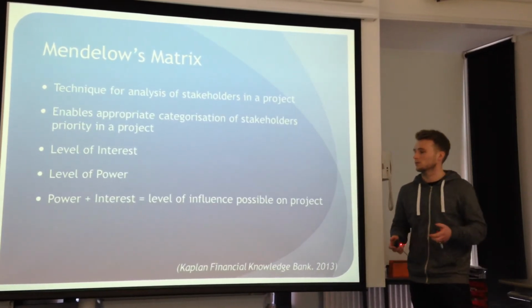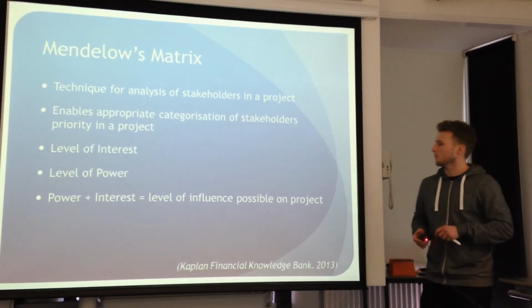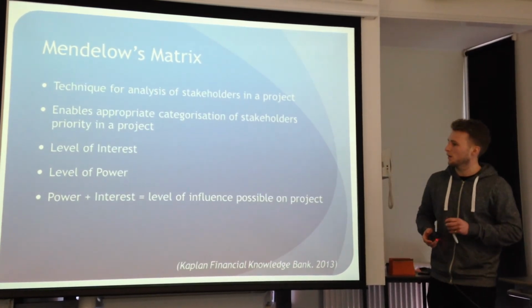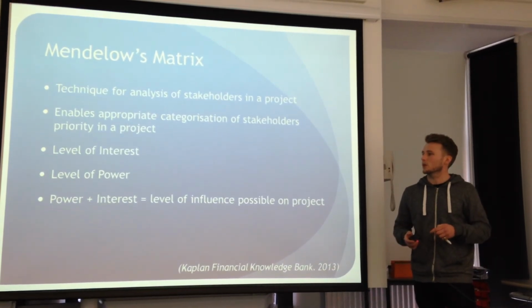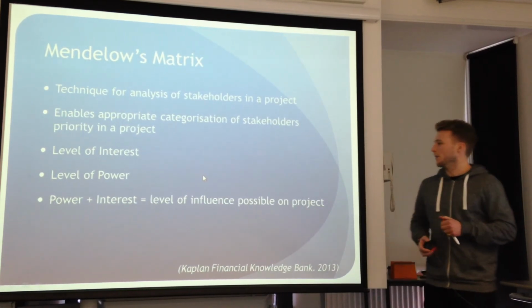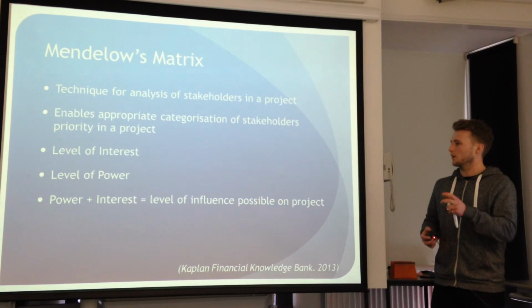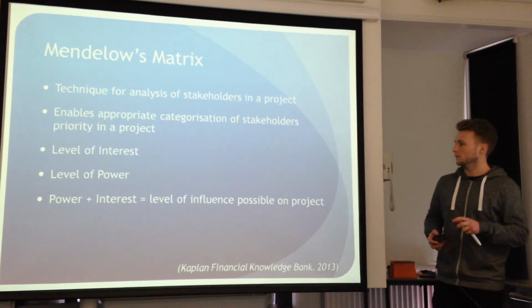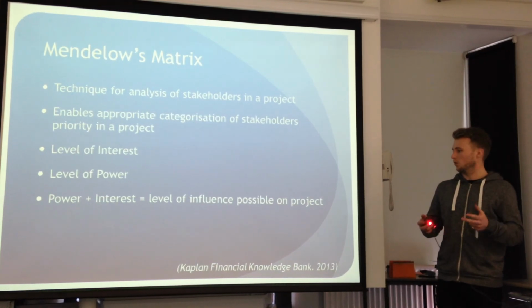So low power will be staff and lecturers, because they don't really have much say in things, and high power would be, again, funding, sponsorship, and stuff like that. So by combining these two factors, you can work out the level of influence possible on a project.